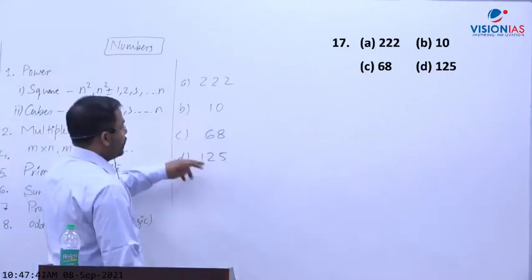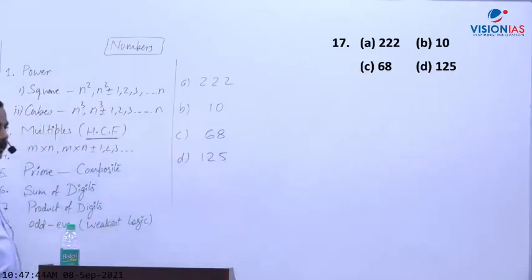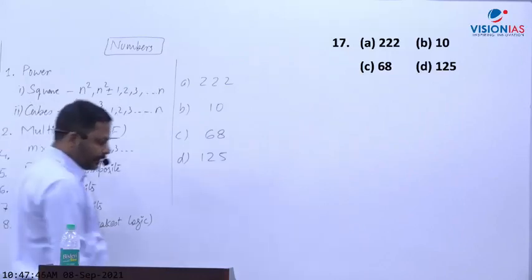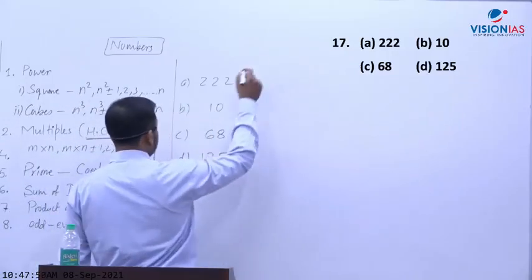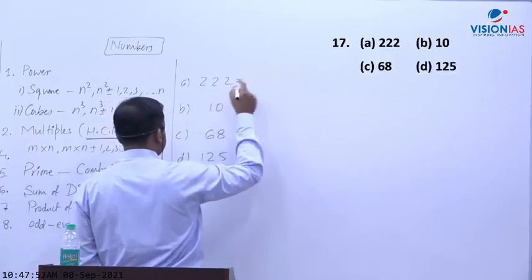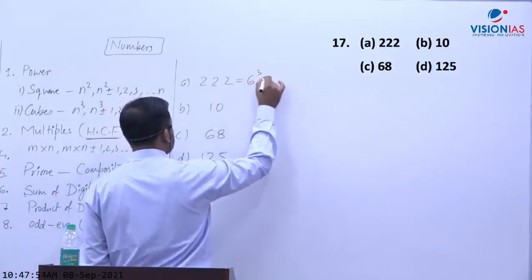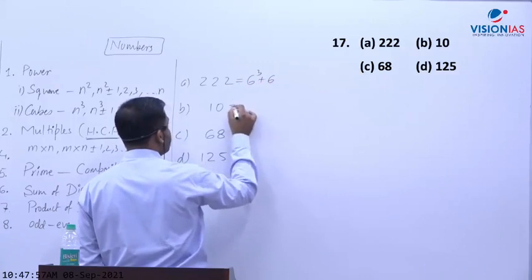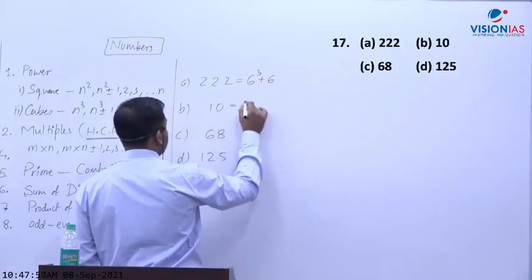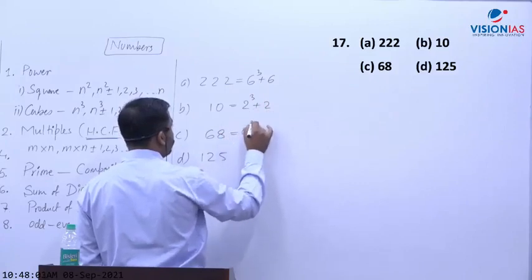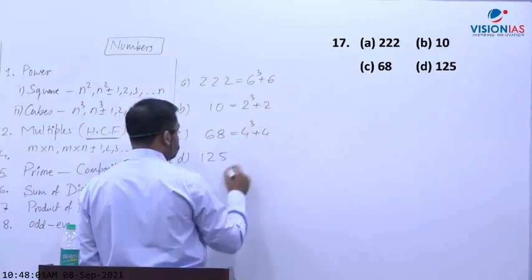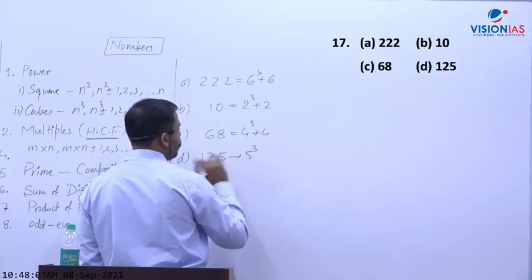222, 10, 68, 125. So what is the common relationship between any 3 out of these 4? The common relationship is 222 is 6 cube plus 6. We can say it like this. 10 is 2 cube plus 2. 68 is 4 cube plus 4. But this is only 5 cube.